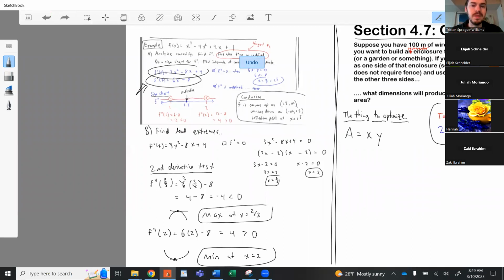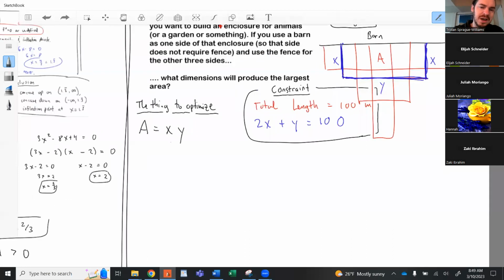So right now I have a two variable problem, but with the constraint, I can make a substitution, and that substitution will bring me down from having two variables in the formula to having only one variable in the formula.